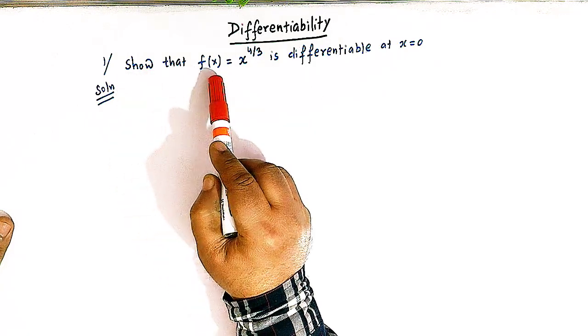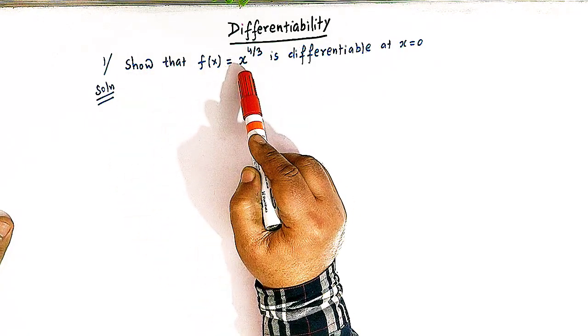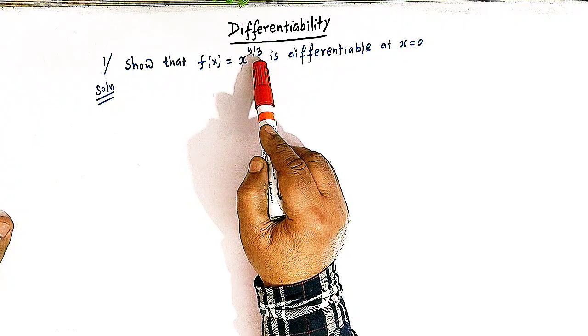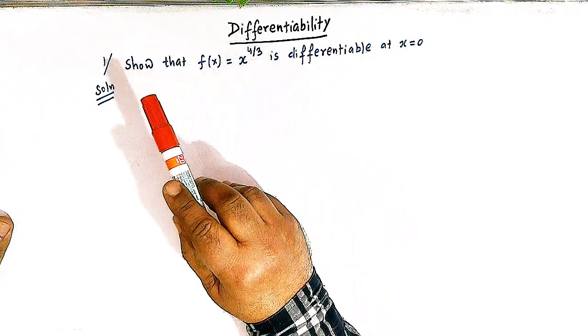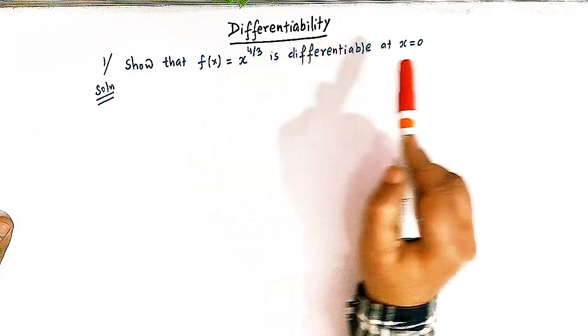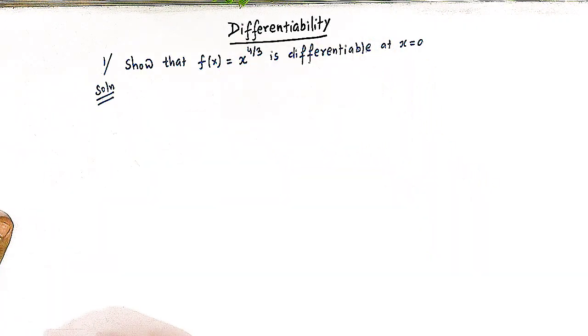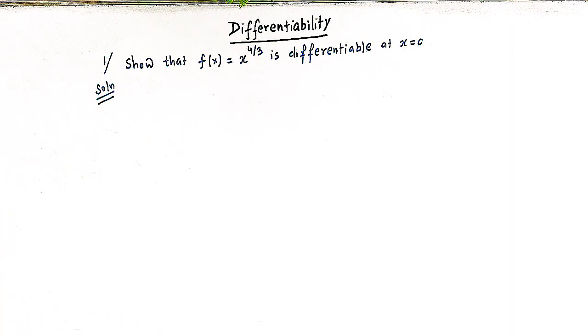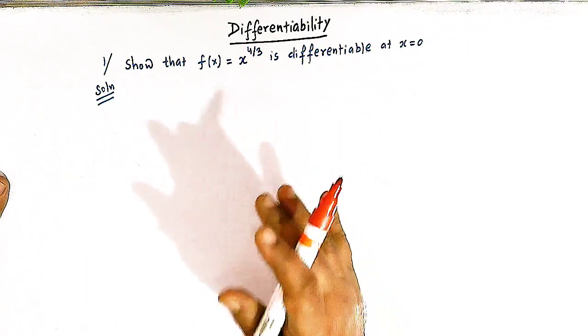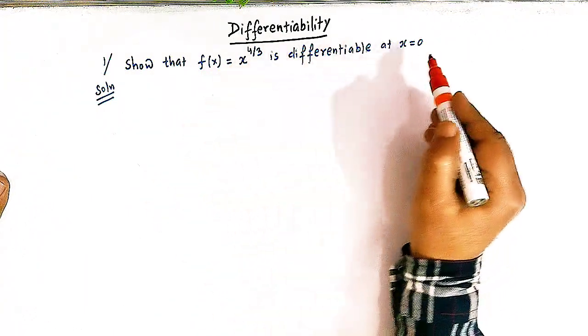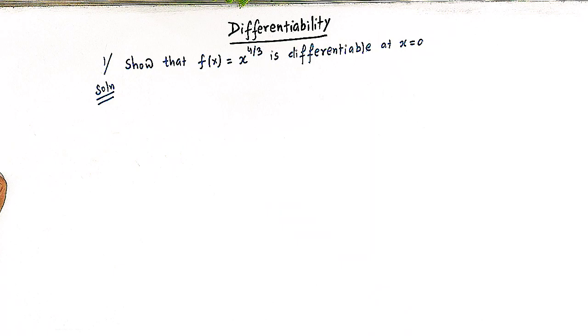In this class we are going to solve this problem where we are given a function f of x equal to x raised to 4 over 3, and we have to show that this function is differentiable at x equal to 0. By differentiability of a function, we mean that the slope of the tangent to the curve at the given point exists, and moreover, the tangent should be unique.